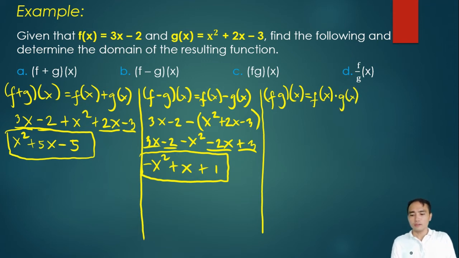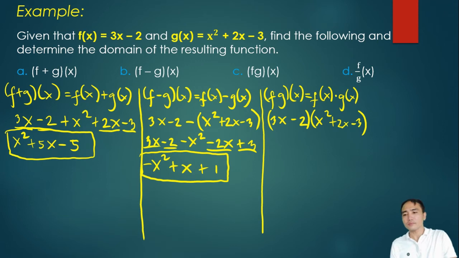So the product of the two functions. For our f of x, the value is 3x minus 2, multiplied by g of x, x squared plus 2x minus 3.